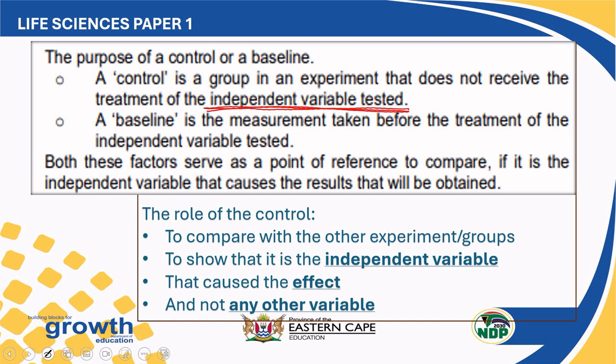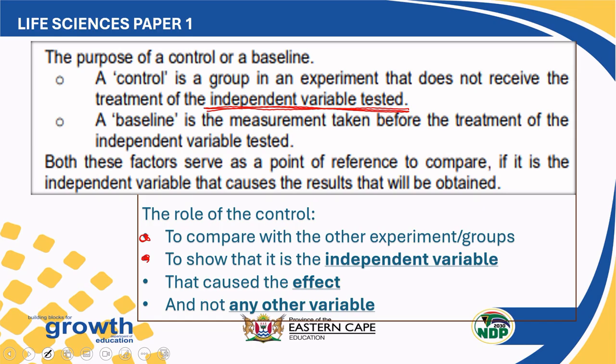Now, why do we have a control? A control is there to compare with the other experiments or groups to show that it is the independent variable that is causing the effect and not any other factor.